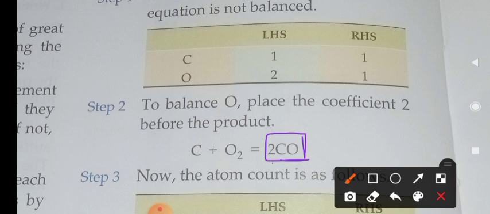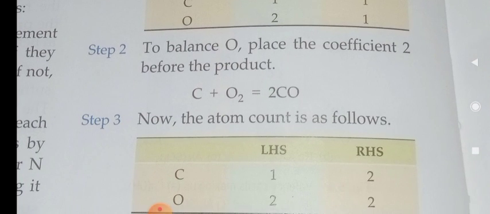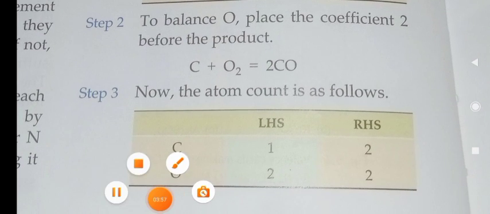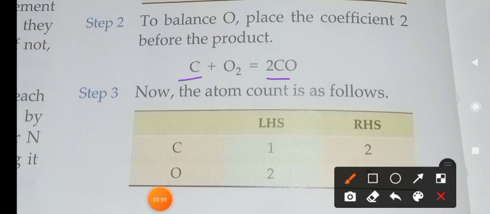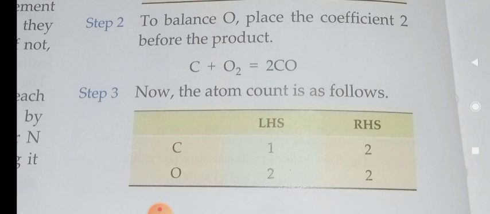By adding the coefficient 2, now how many carbons do we have? 2 carbons on the right-hand side and only 1 carbon on the left. Oxygen is balanced now: 2 oxygen here, and 2 into O, so 2 oxygen here. But carbon is not balanced, so we have to balance the carbon.